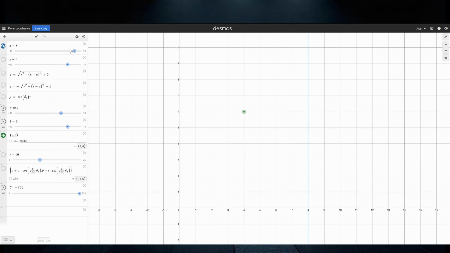Imagine we fix the x to a certain value, say x equals 8. That collapses our entire 2D plane into a vertical line. The only degree of freedom left is the y direction. Then, if we also fix the y, say y equals 6, that vertical line collapses again.